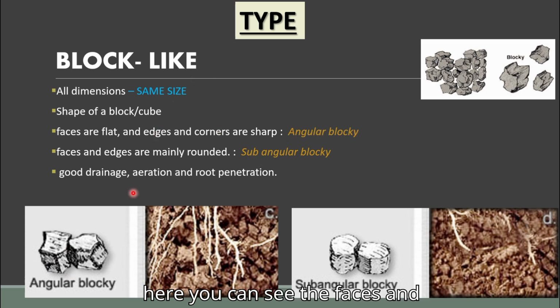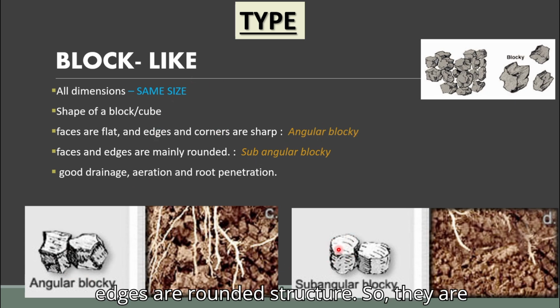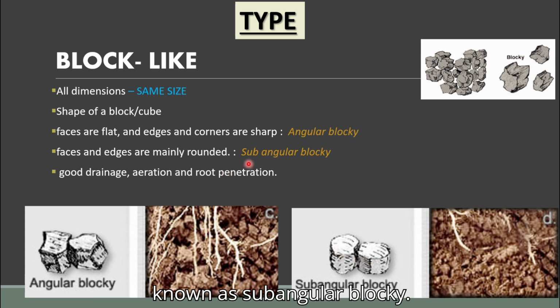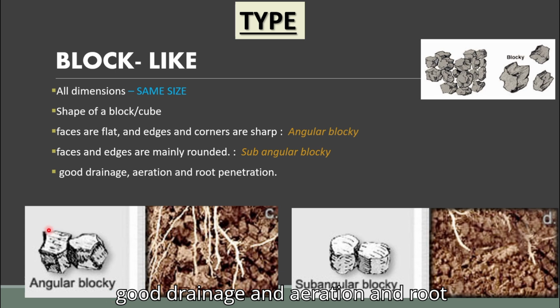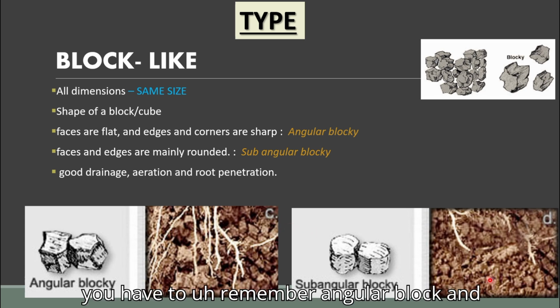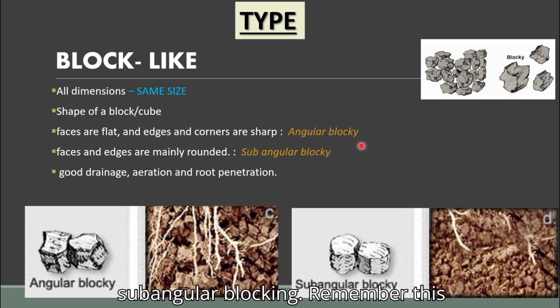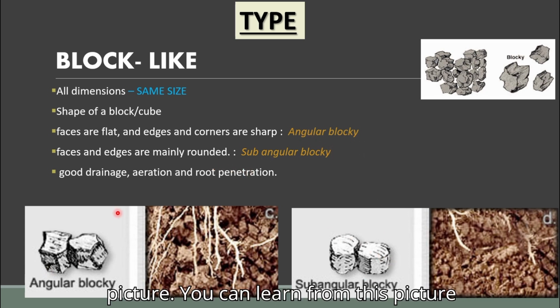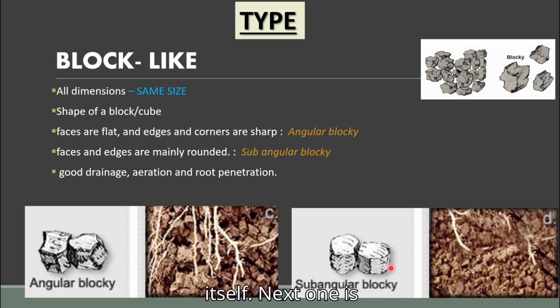And here you can see the faces and edges are rounded, so they are known as subangular blocky. Compared to prism and platy structure, they have good drainage, aeration and root penetration, but only to a little extent. So remember angular blocky and subangular blocky. You can learn from this picture itself.